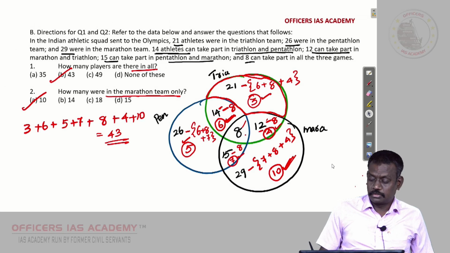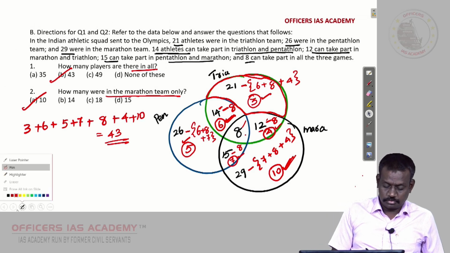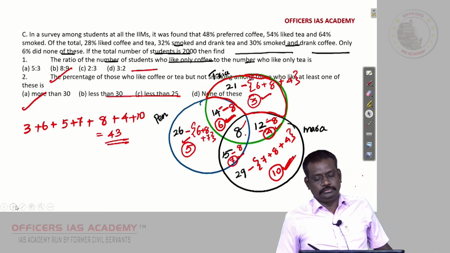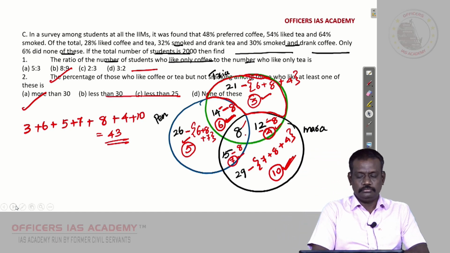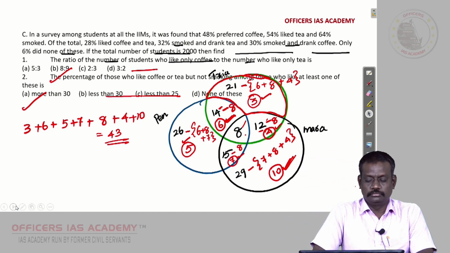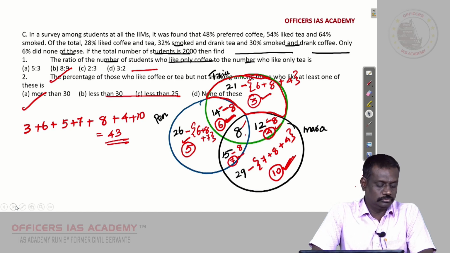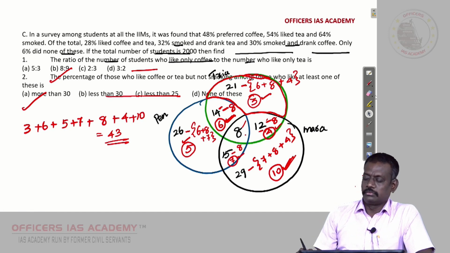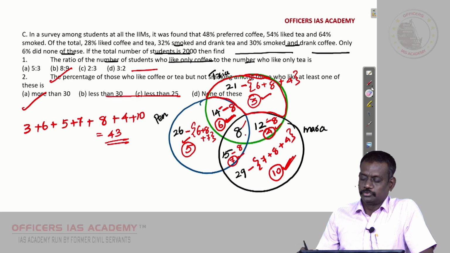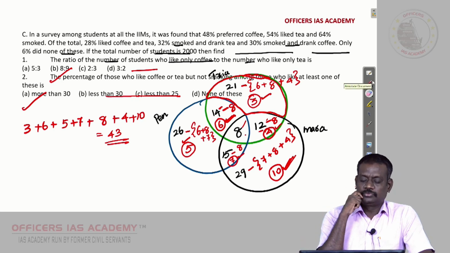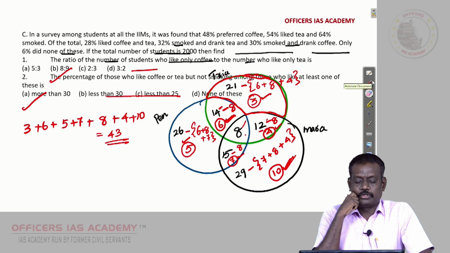Okay, children. So we'll solve the next problem. Okay, so please solve this problem, children. So it is given in a survey among the students at all the IIMs.